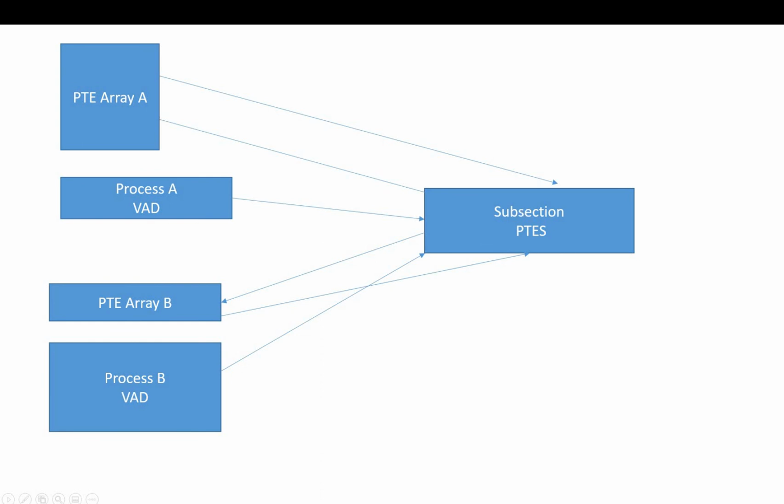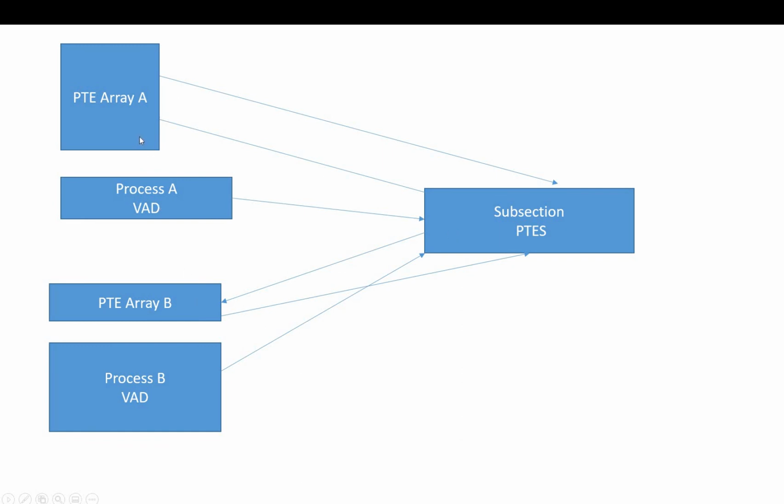In the subsection is the actual PTE, and the PTE gets stored in the PTE array in the process address space. For every user that brings in the subsection PTE and maps it in the PTE array, we bump the share count. And every process is going to have a VAD that points to the subsection control area.